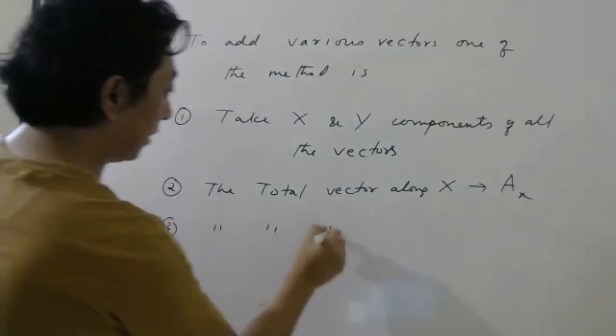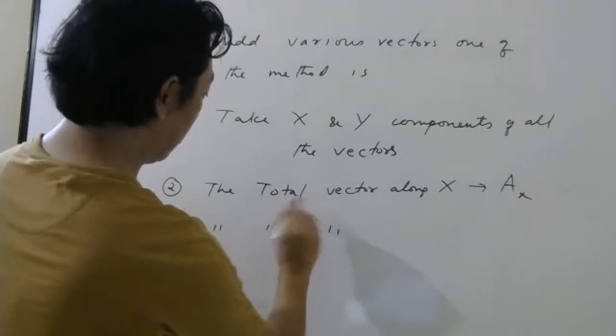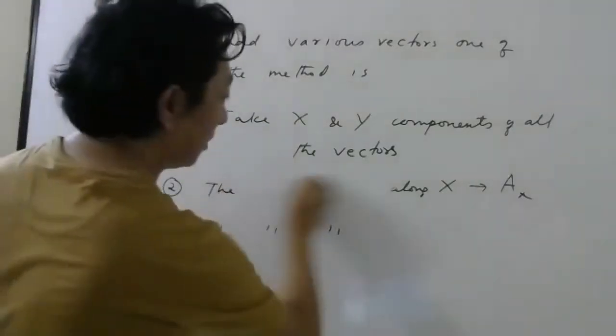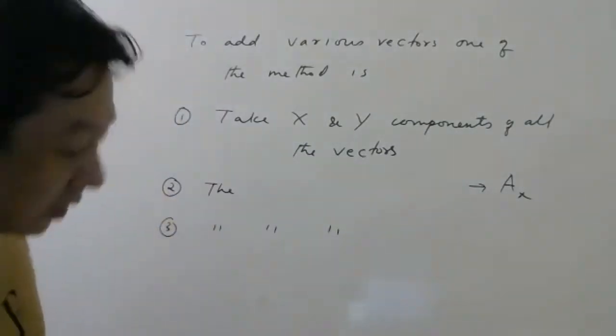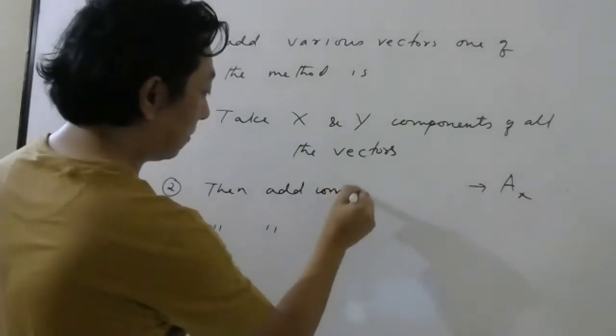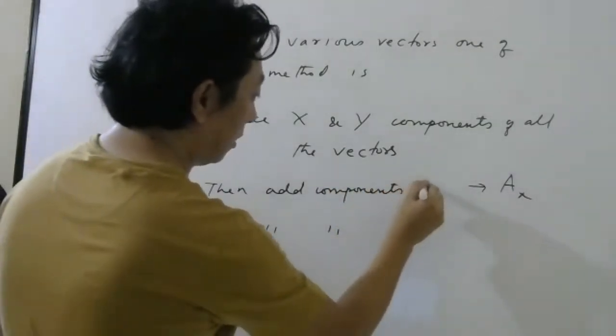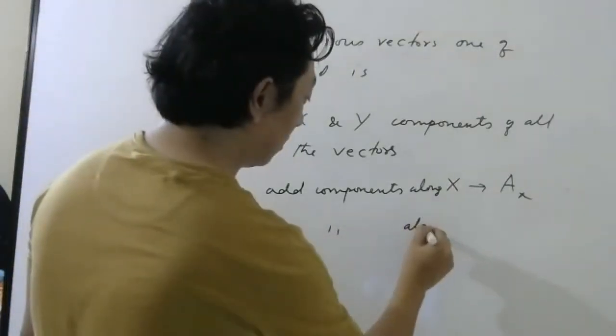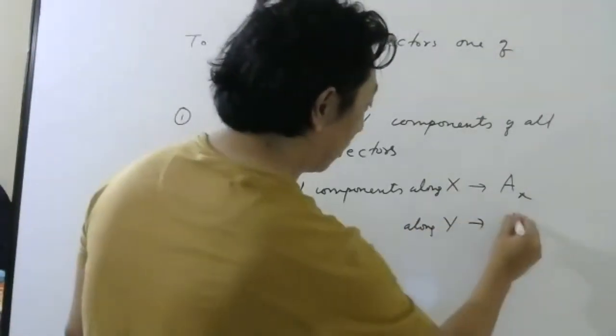Then the total vector component, actually total, let me write properly, students. If I write total vector, you may think something. Then add components along x. Then add components along y. Whatever you get, call it ay.